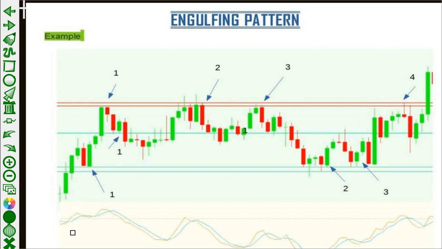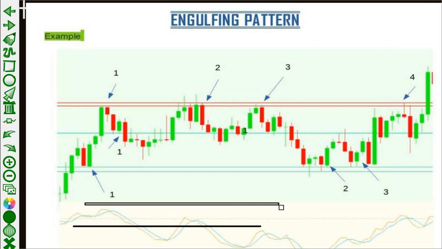Assume one thing, while we are taking a put option, the direction of the stochastic should not be from down to up, whether it is from the 50% retracement line or from the 80% level above.